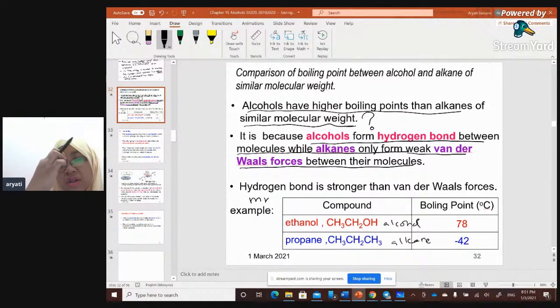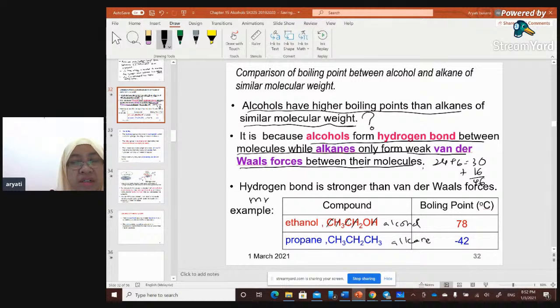So if we calculate the MR, untuk ethanol, 12 kali 2, 12 kali 2 is 24. So 24 plus hydrogen 1, 2, 3, 4, 5, 6, plus 6 is 30. 30 plus 16 adalah 46.